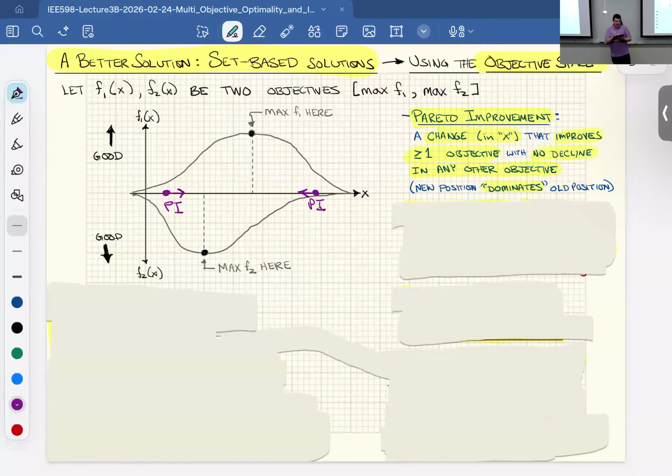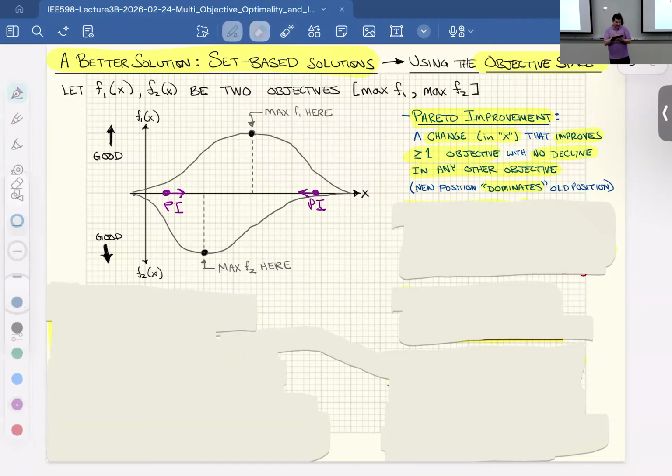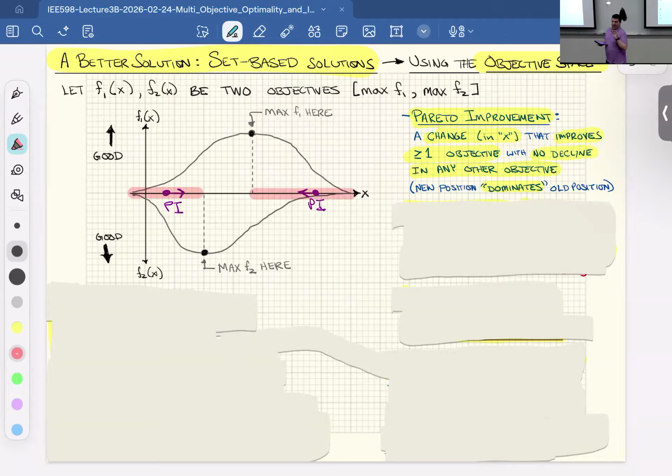So on both sides here, if I highlight in red here and here, I would argue I am a crap designer, a crap engineer, if I recommend my stakeholder take any design in that highlighted space. Why?